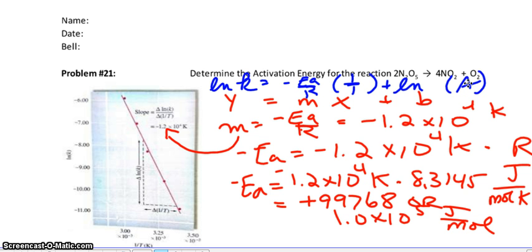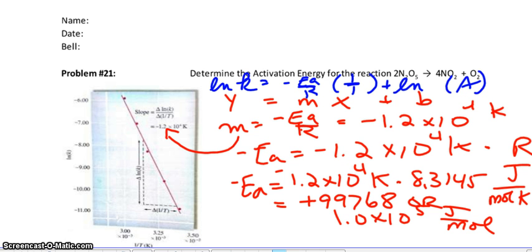So they're asking for the activation energy. That is your slope. The slope they gave you is negative 1.2 times 10 to the 4th Kelvin. So negative EA over R is equal to negative 1.2 times 10 to the 4th Kelvin. Here you just see me solving for the activation energy. Now look at your units.